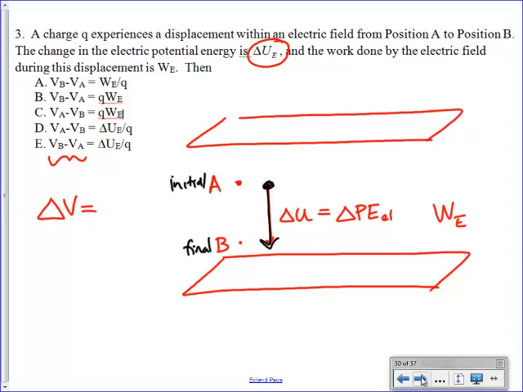And change is always final minus initial. So first of all, I know that I'm doing VB minus VA. So right off the bat, I'm going to cross out C and D as not being possible answers.